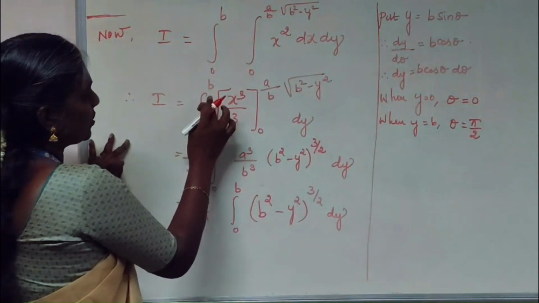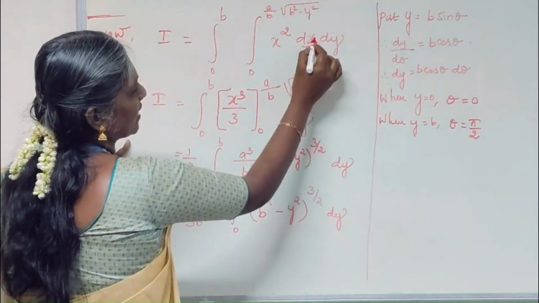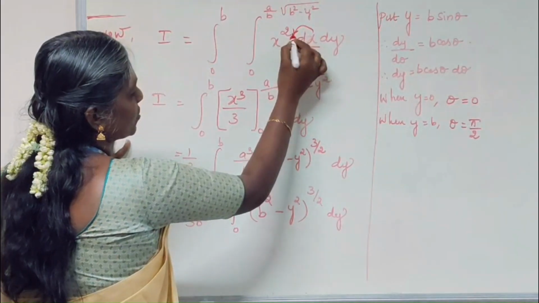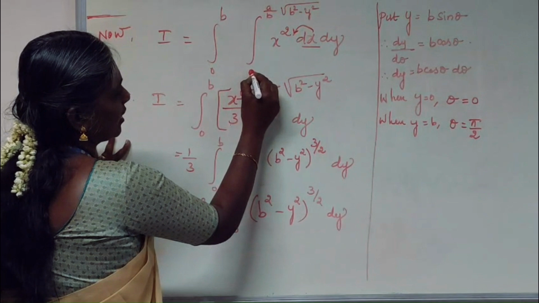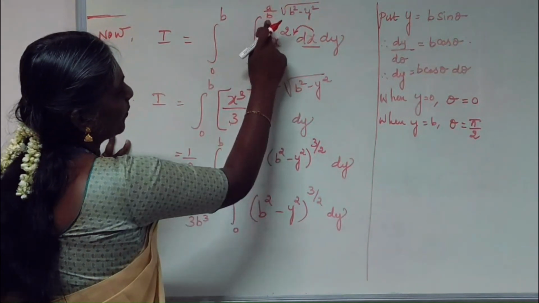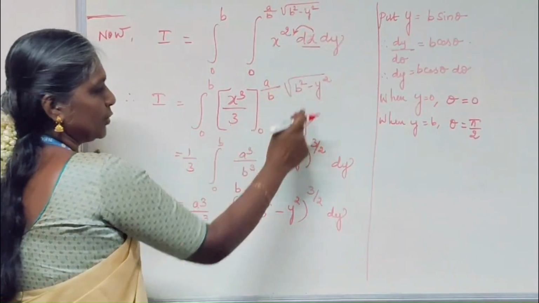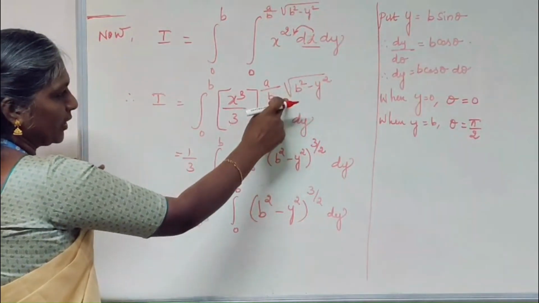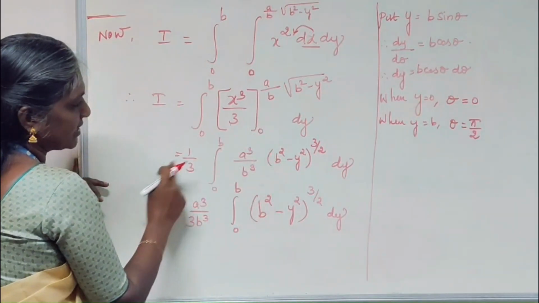Therefore I is equal to the integral over 0 to b, with the inner integration with respect to x. The integration of x squared is x cube by 3. The range of x is 0 to a by b root of b squared minus y squared, into dy. Now I want to replace the upper and lower limits.